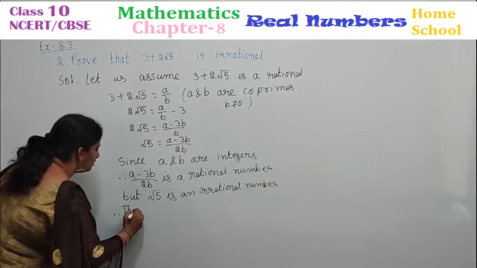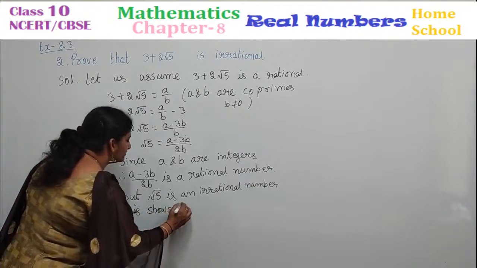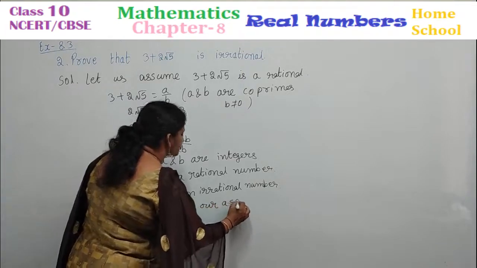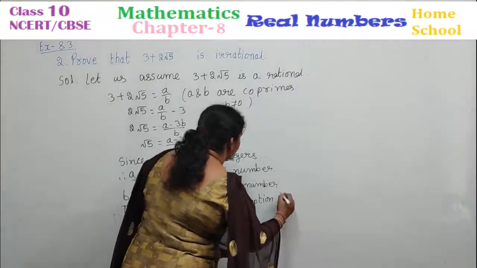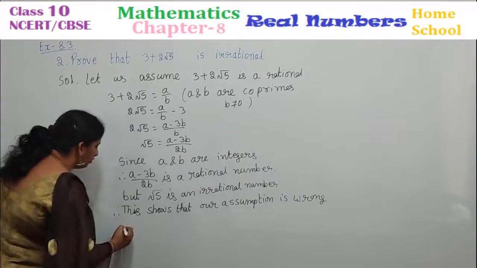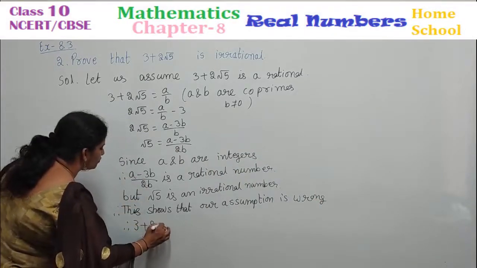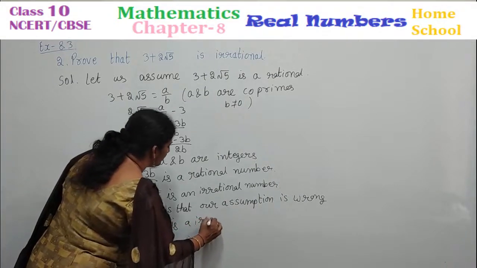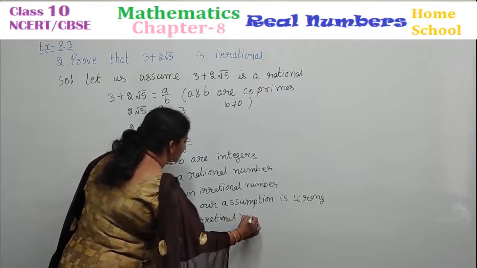Therefore, this shows that our assumption is wrong. Therefore, what I can say? 3 plus 2 root 5 is an irrational number. Finally, we proved that it is an irrational number only.